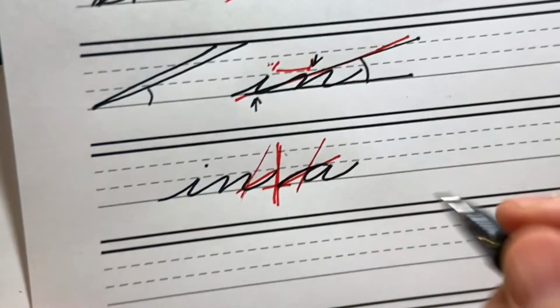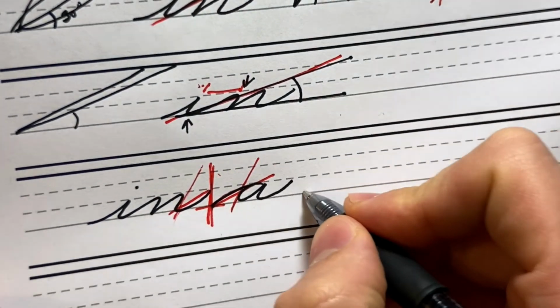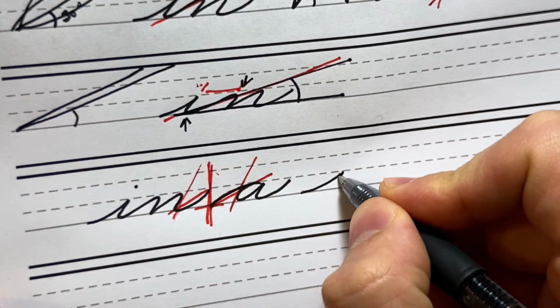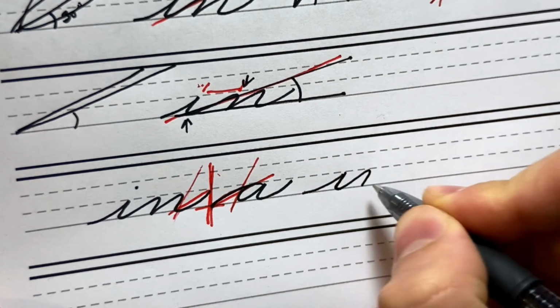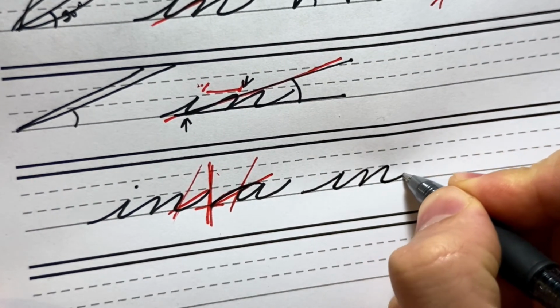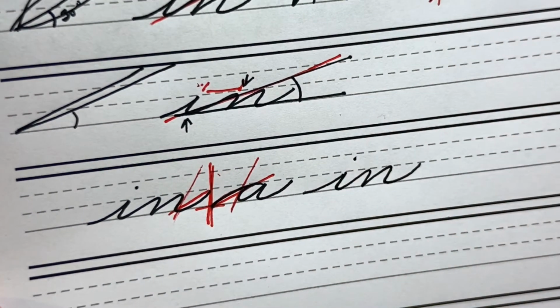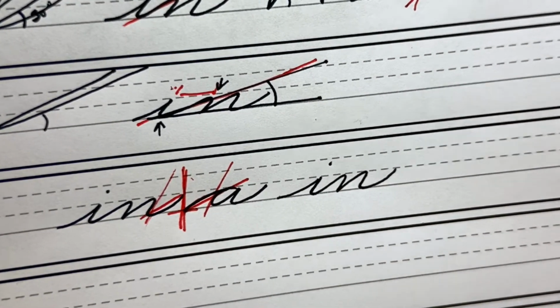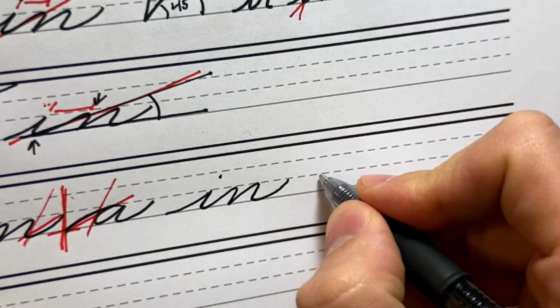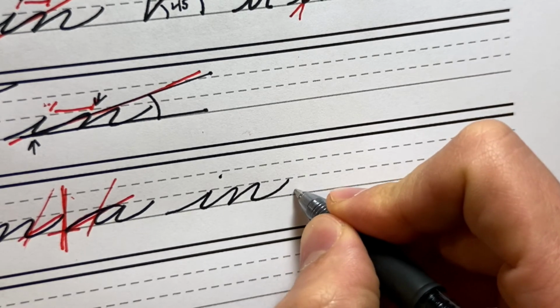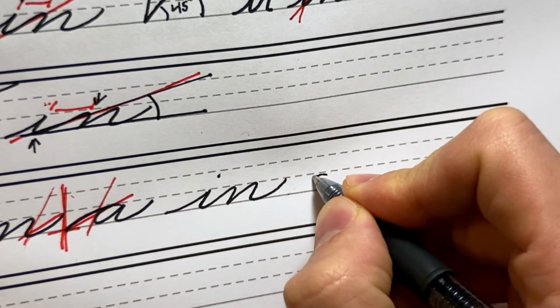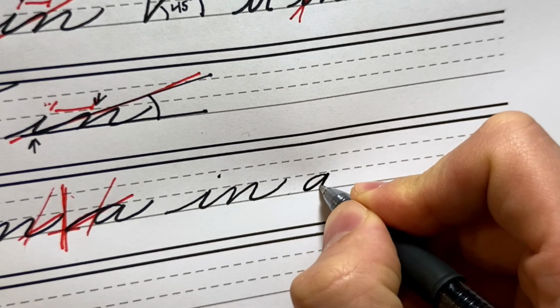Now, if I wasn't doing a connective stroke on that "a," I might give it a little more space. So I'll do "in" again. Always going to finish with the connective stroke like that most of the time. And then with my "a," I'd probably just pretend like I'm doing that entry stroke like that.